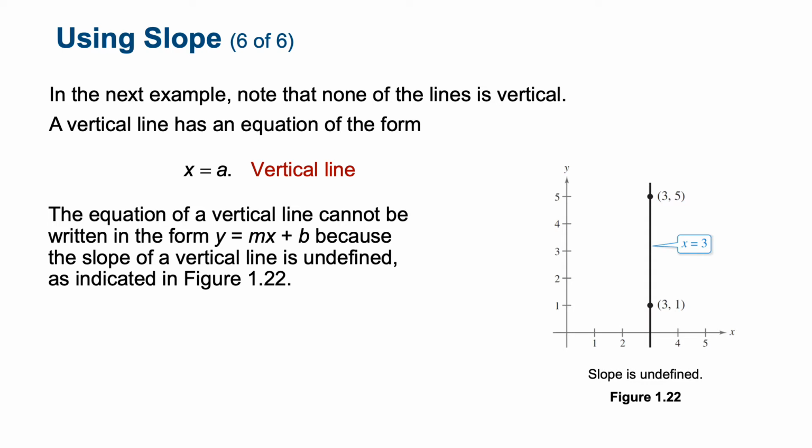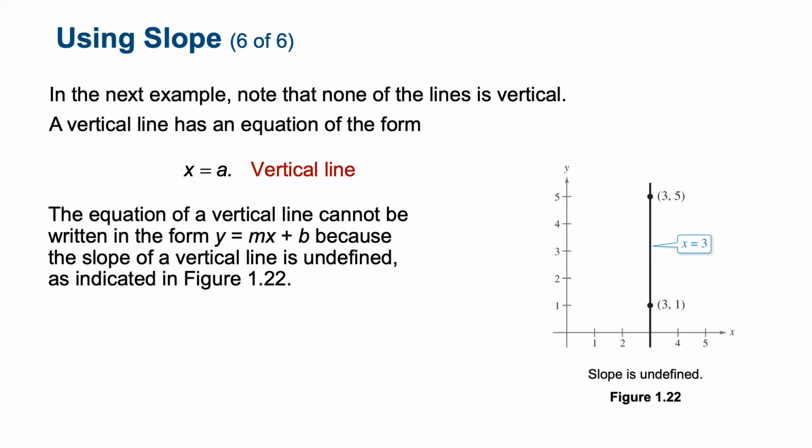Okay, so for this example here we're looking at, note that none of the lines are vertical. Well, before we get into that, let's say here, what is a vertical line? A vertical line is a line that goes straight up and down, right? That has the form x equals a. So this is an exception to the rule, right?